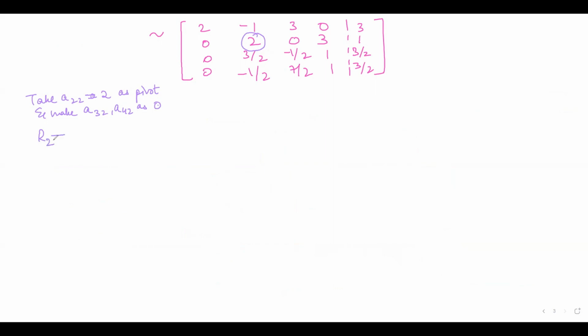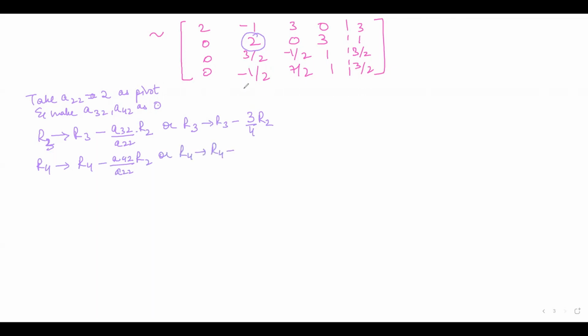That would be R3 goes to R3 minus the A32 upon the pivot element into row 2. So that's nothing but A32 is 3 by 2 upon 2, so that becomes 3 by 4. Similarly for row 4, so this is what we are getting.